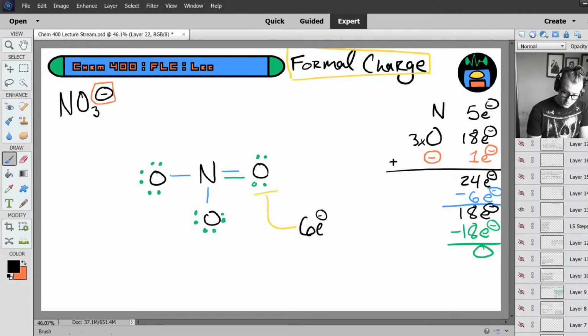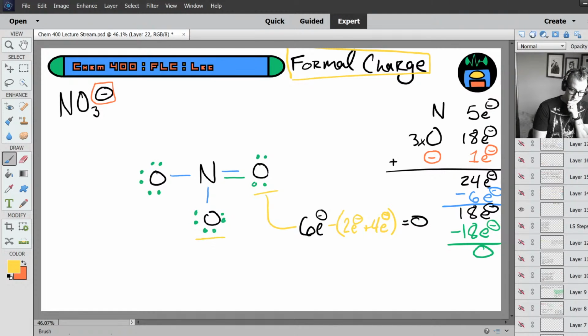In this molecule, we take the valence electrons for the neutral element and subtract how many valence electrons it has in this molecule. We get 1 electron per bond, so we've got 2 bonds, plus 4 lone pairs. So we've got 2 electrons in bonds, 4 electrons in lone pairs. This comes out to a formal charge of 0 for this oxygen.